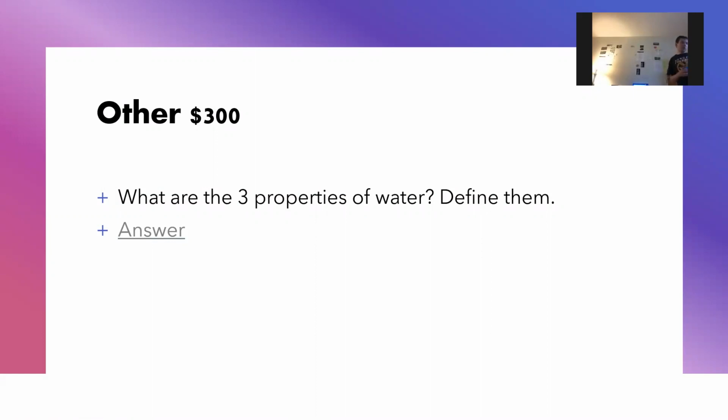Tetra: What is surface tension, viscosity, and related to molecular forces. Surface tension is how much energy is required to separate the molecules in the liquid surface. Viscosity measures the resistance of liquids to flow. And that's about it. Good, Tetra. That's 300.